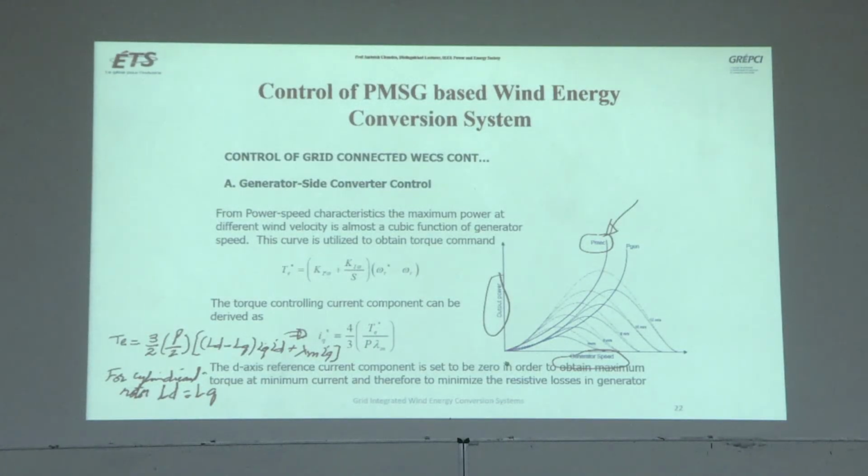Whatever power is produced, the wind is coming and the blades are rotating, so that mechanical power goes to the shaft. But the electrical power generated is not that much because there are rotation losses and other things. So basically for extracting maximum power, we use this curve, the blue curves we have to use, not the purple curves.